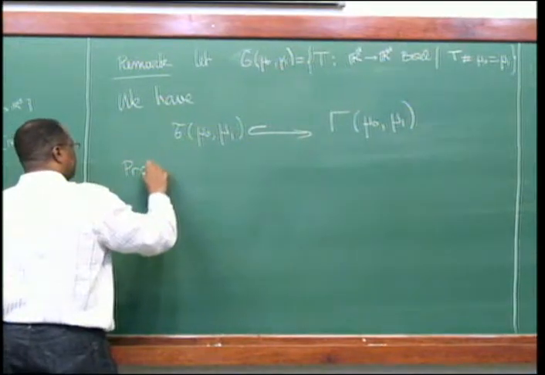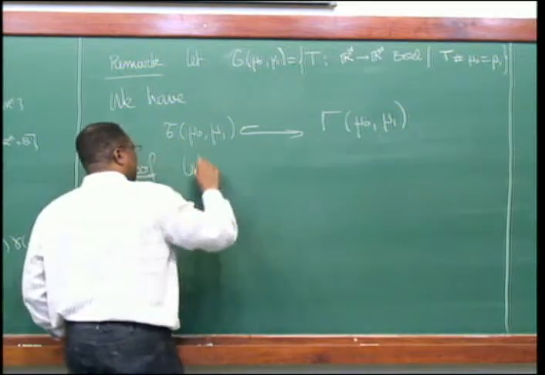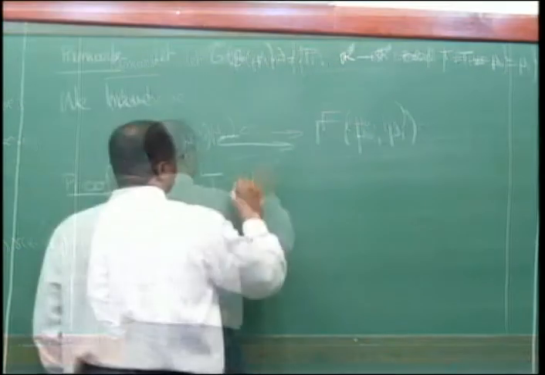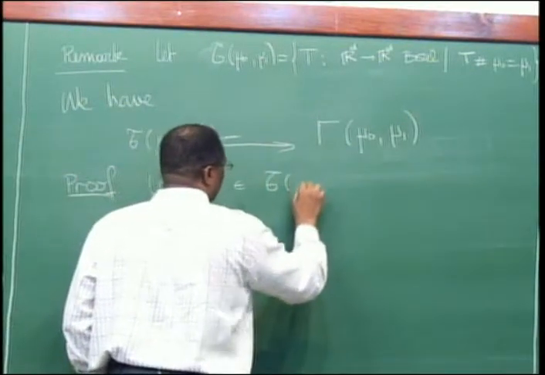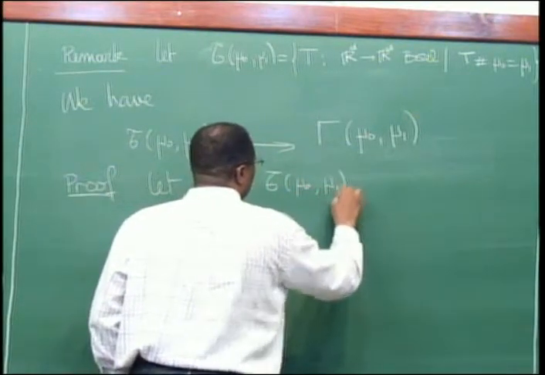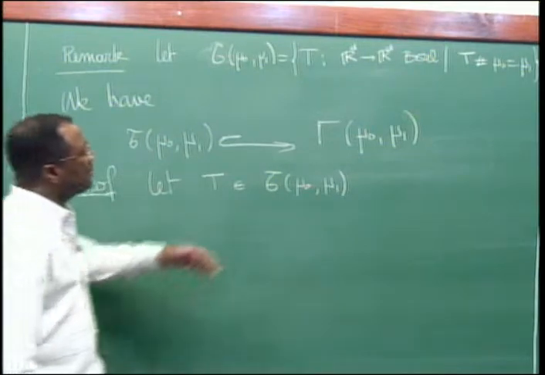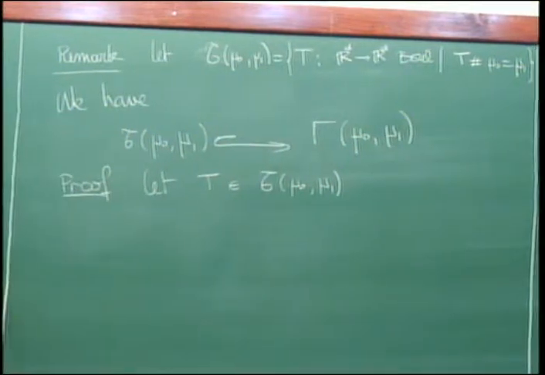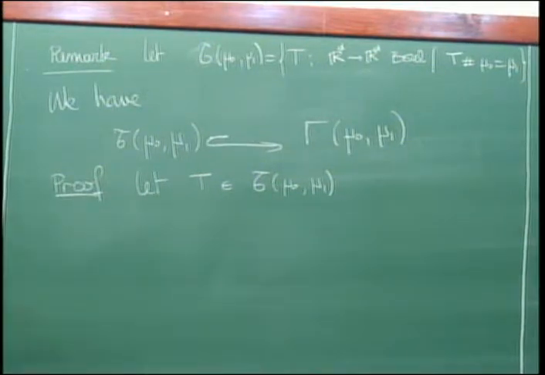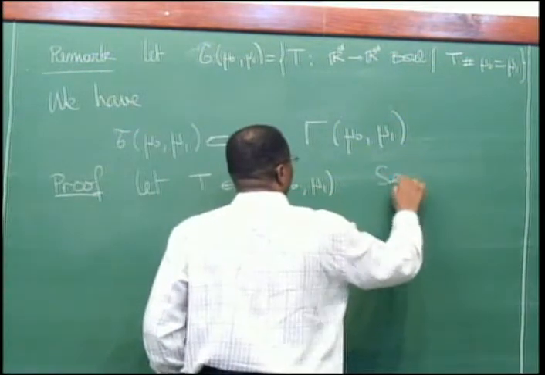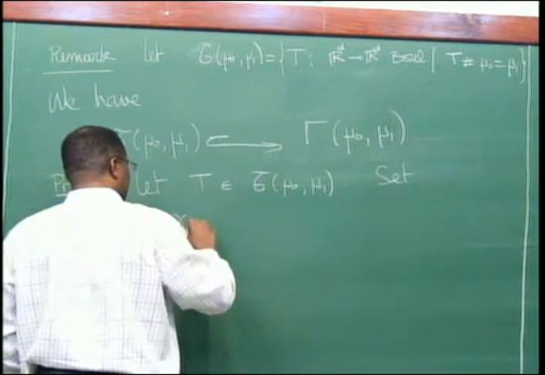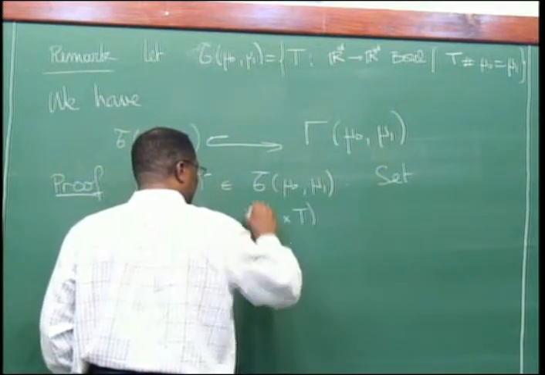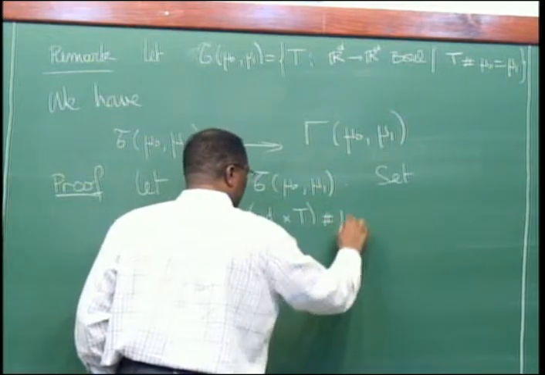Proof. Let T be in tau of mu naught, mu 1. Meaning T is going to push mu naught to mu 1. Set gamma T to be the identity cross T, push forward mu naught.